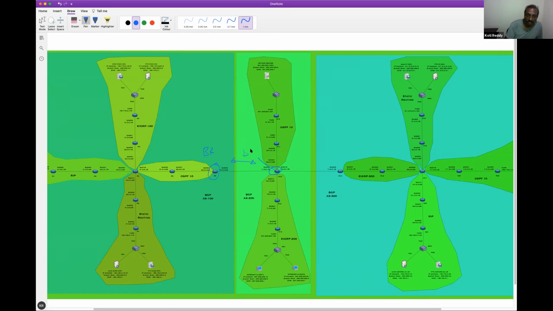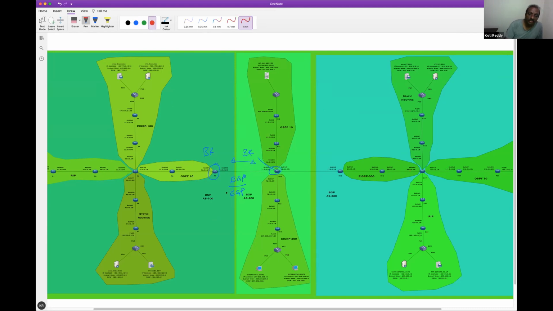And in between the border routers, we enable something called the BGP routing protocol. Like BGP, we also have one more protocol called EGP, Exterior Gateway Protocol. So these 2 protocols could be used in between the ISPs: BGP, Border Gateway Protocol, or EGP, Exterior Gateway Protocol.